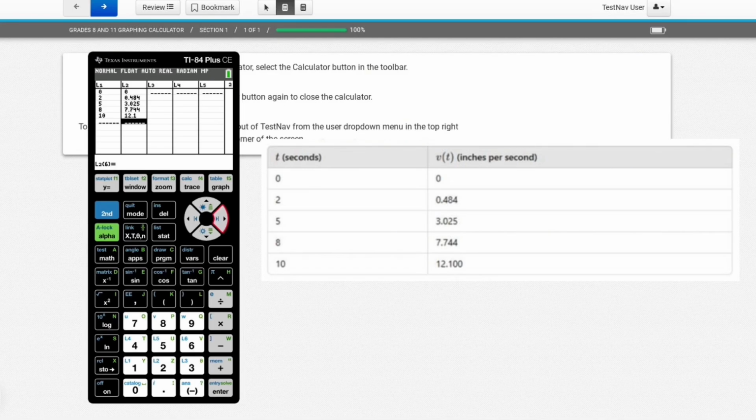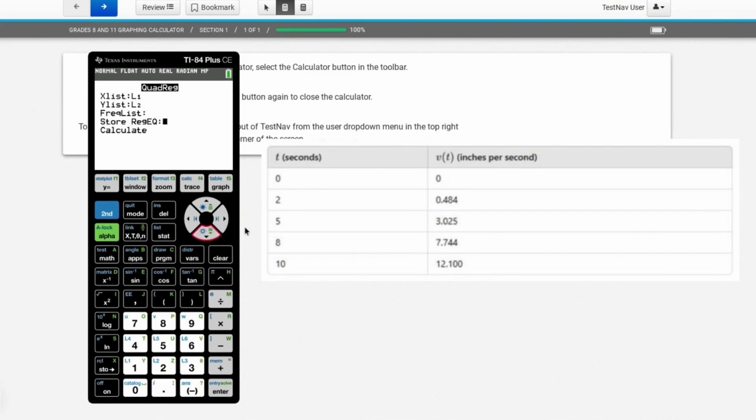Okay, so when we find quad reg, this is what we're going to do. Go to Stat, go to Calc, and quad reg is number 5. So you can either hit 5 or go down to it. Great. Now, since we're not only going to write out this formula, we're also going to use this formula, we're going to store this in our calculator, so when we use the formula, it's going to be there waiting for us.